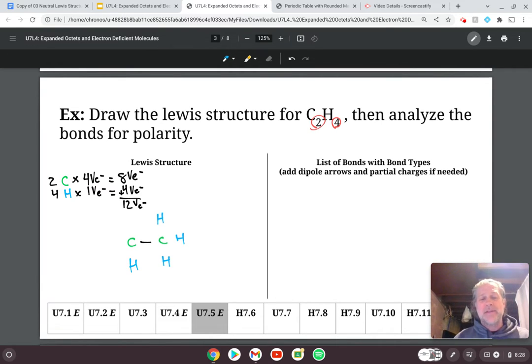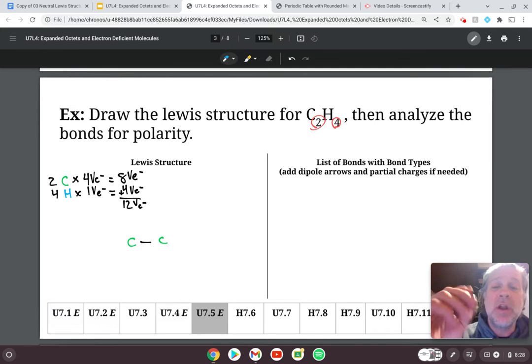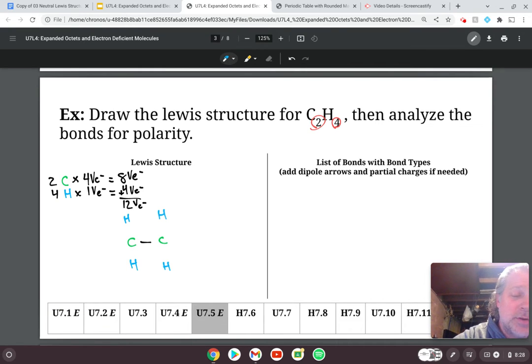But the problem with that is that's actually pretty lopsided. And to be honest, nature likes to be more symmetrical than not. So since I have an even number of hydrogens, I'm going to put 2 hydrogens on one carbon and 2 hydrogens on the other carbon, trying to make as much symmetry as I can.